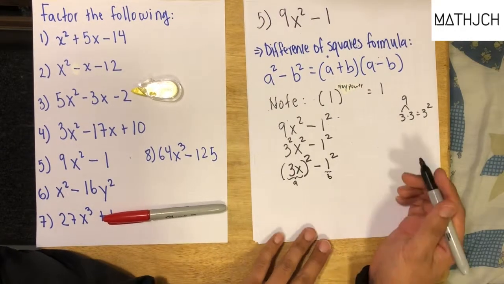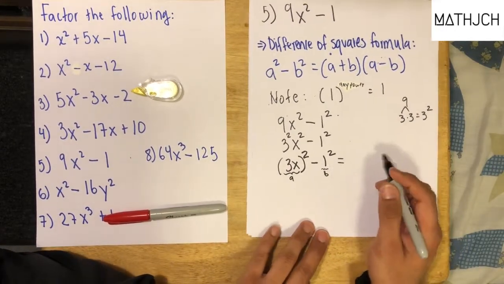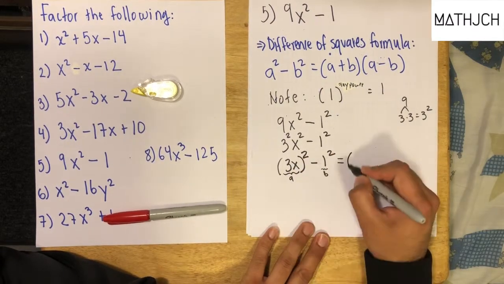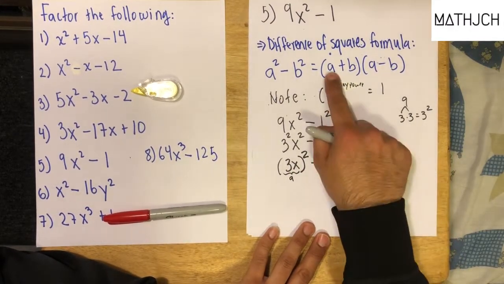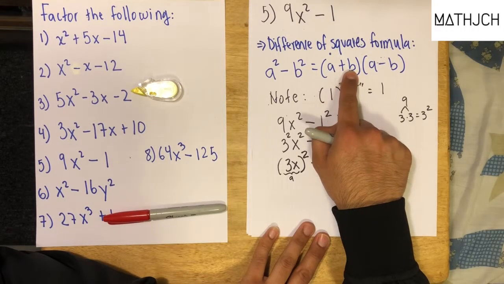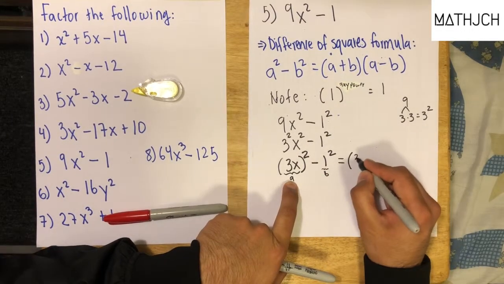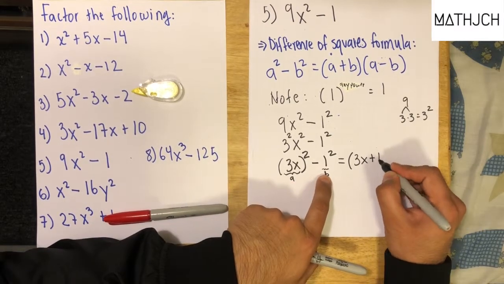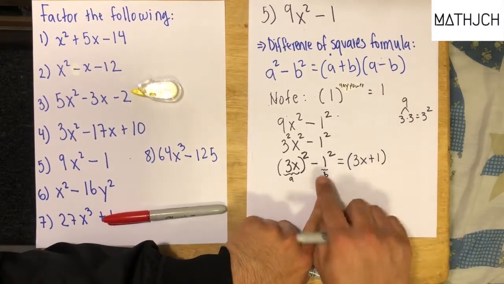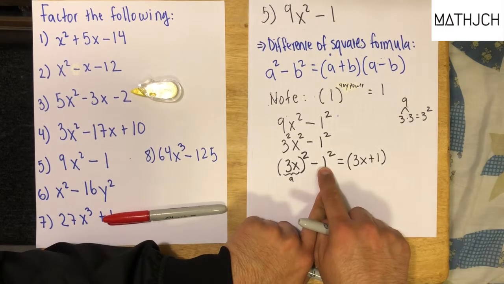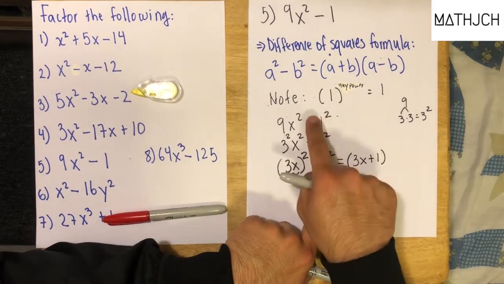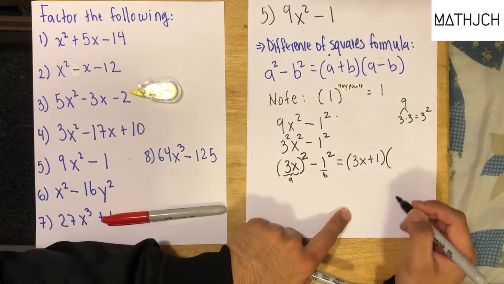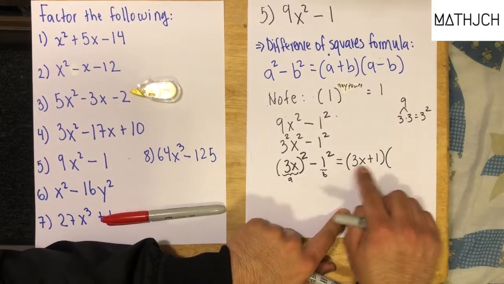So if we follow the formula, something power 2 minus something power 2, our factorization will be a plus b, but my a is going to be what? 3x, and my b is going to be 1. Be careful, it's not negative 1, okay? It's that thing that is to the power of 2, in this case b, multiplied by the same thing, right?